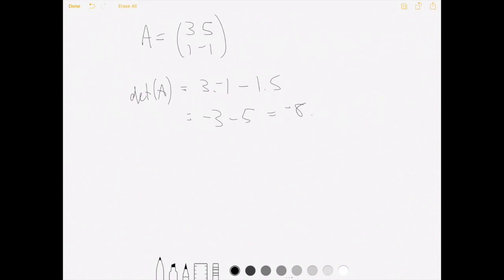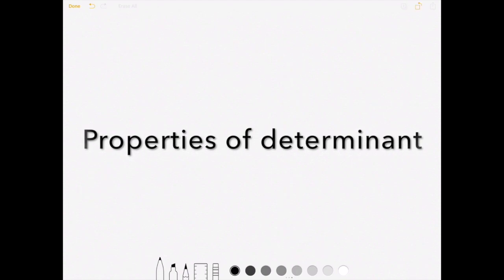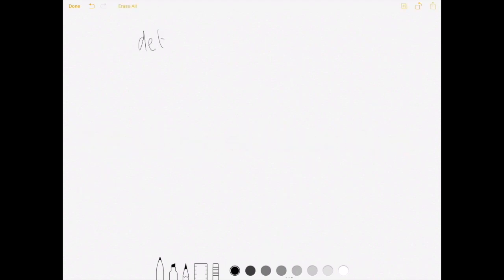Okay. The determinant has a bunch of interesting properties that can make finding the determinant relatively easy, right? So first is that the determinant of the identity matrix is always 1.